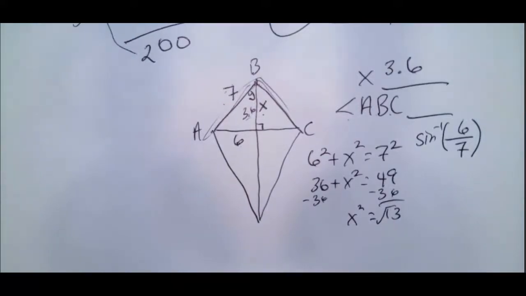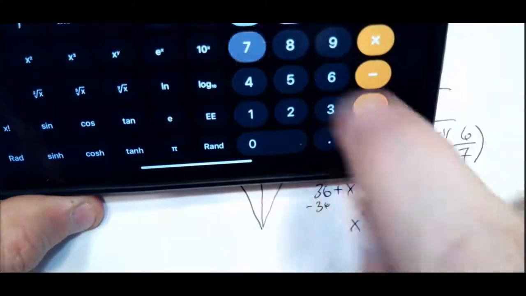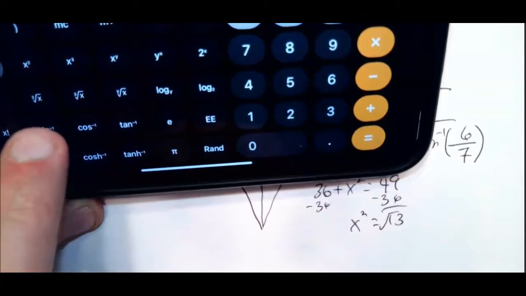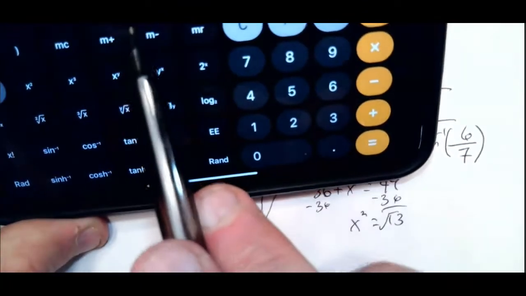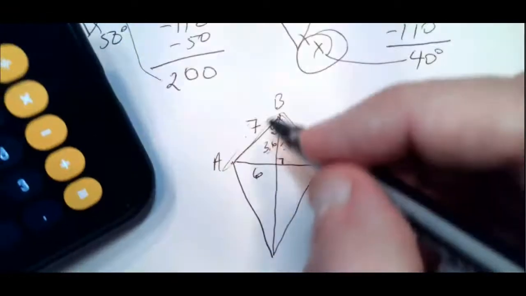Okay, so let's put this in our calculator. If you're using your cell phones, 6 divided by 7 is this. And now we're going to go second sine. 58.99 or 59 degrees.